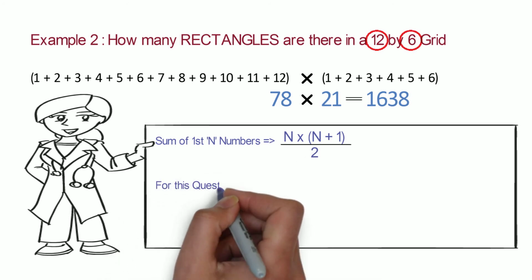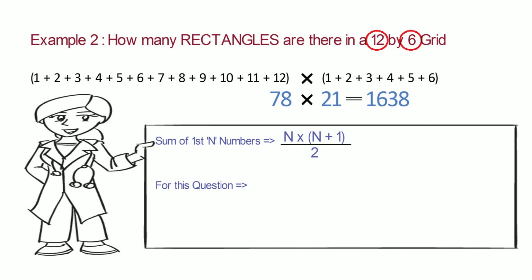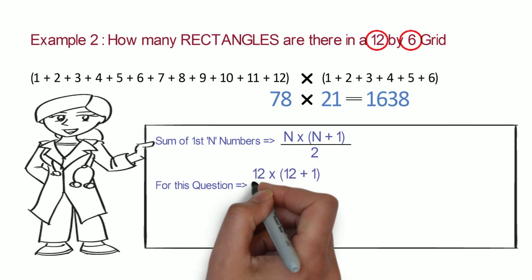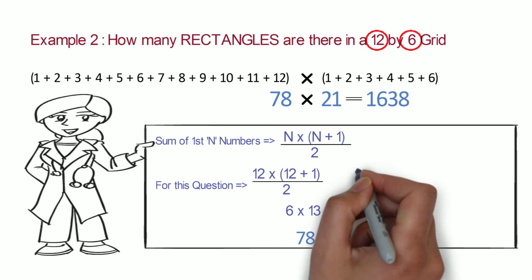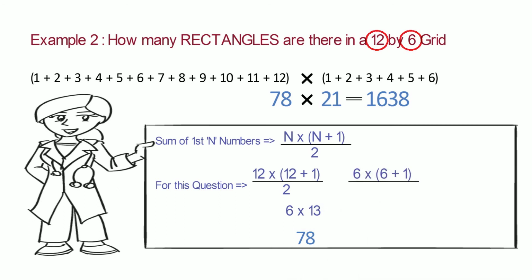So in this particular question, to find the sum of the first 12 numbers, we put n is equal to 12, and as you can see, we get 78 as the answer. Similarly, to find the sum of the first 6 numbers, we put n is equal to 6 and get 21 as the answer. The rest of the process remains the same.